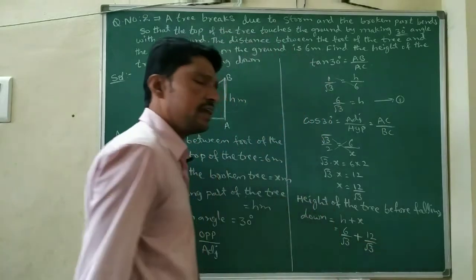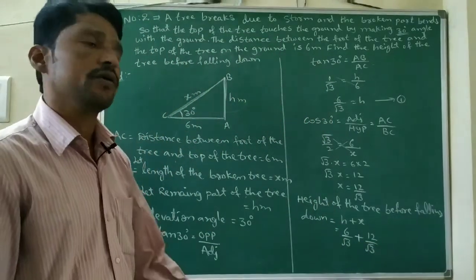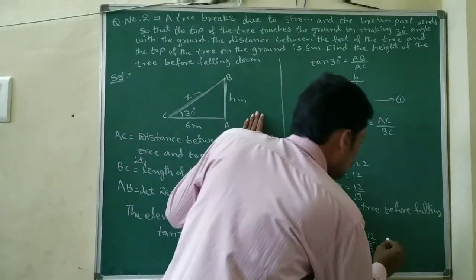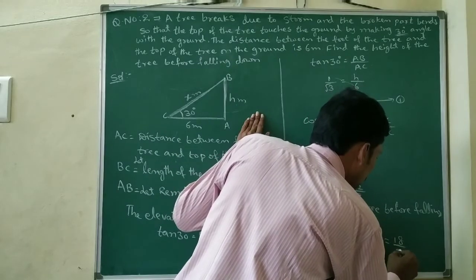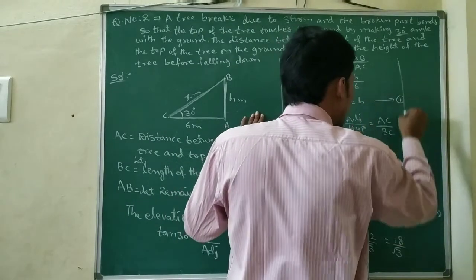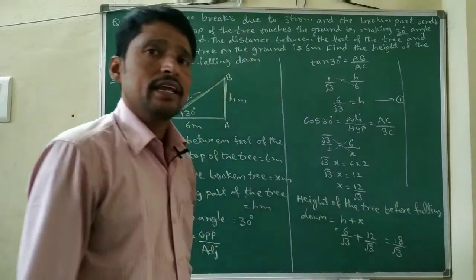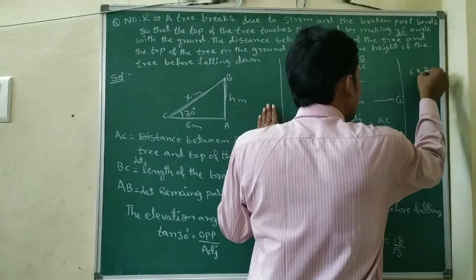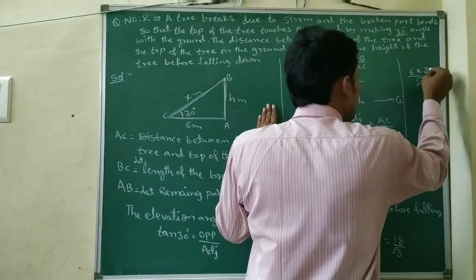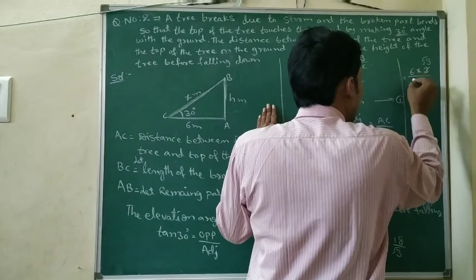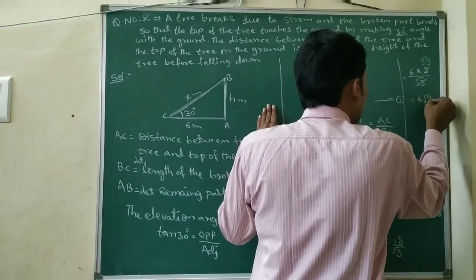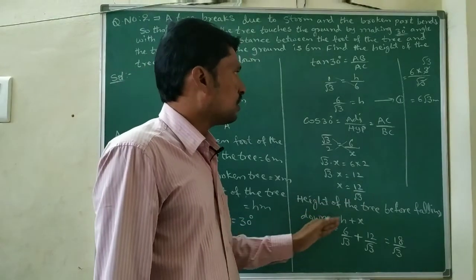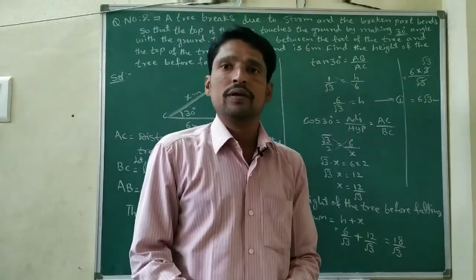Denominators are equal, so we can directly add the numerators. 6 plus 12 is 18, so 18 by root 3. 18 we can write as 6 into 3, so 6 into 3 by root 3. Root 3 into root 3 is 3, so we get 6 root 3 meters. So the height of the tree before falling down is 6 root 3 meters.